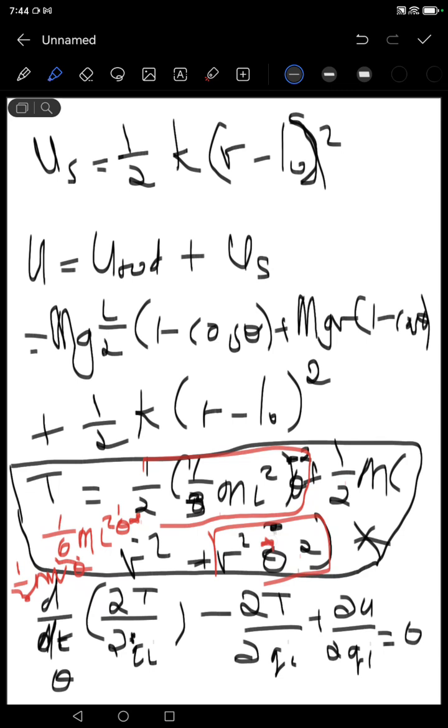So we have 1 over 2 m r squared theta dot squared. So when we derivate this with respect to theta dot, after derivating we're going to have m r squared theta dot. Okay, because we're deriving with respect to theta dot, right?